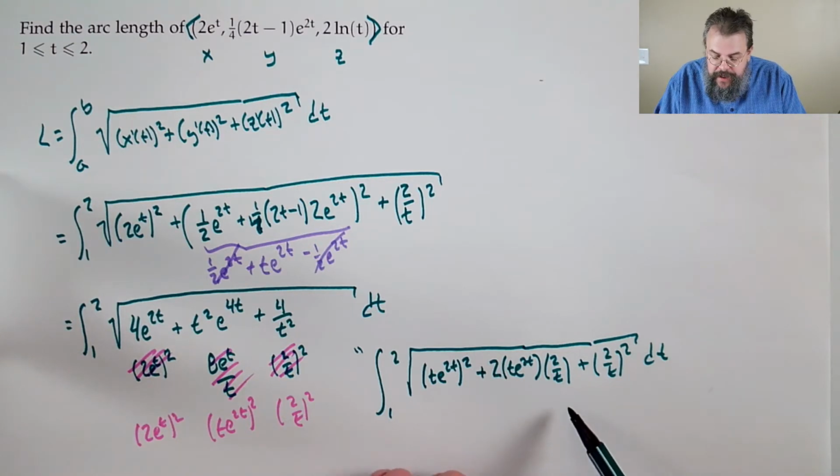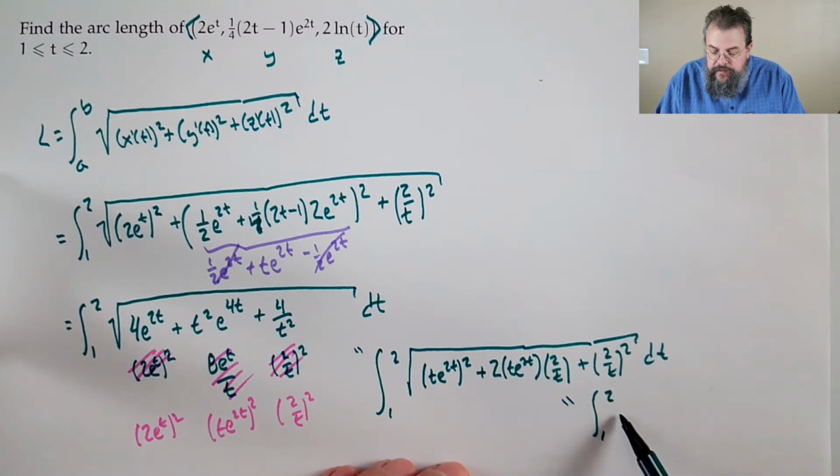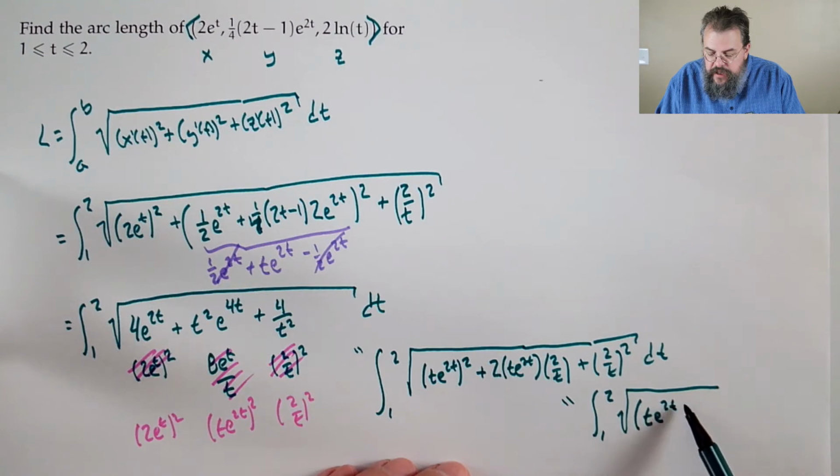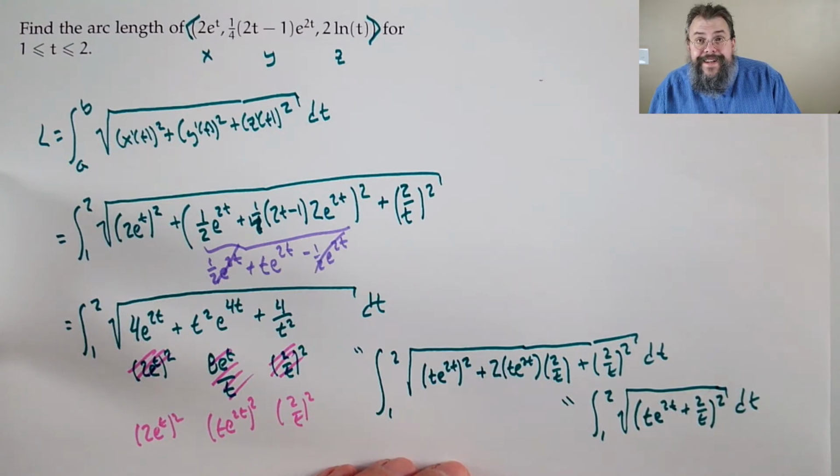So this becomes the integral 1 to 2 of the square root of te to the 2t plus 2 over t, squared, dt. Okay, which means we can get rid of the square root. Now notice there's absolutely no problem with things being negative, so we don't have to worry about absolute values.